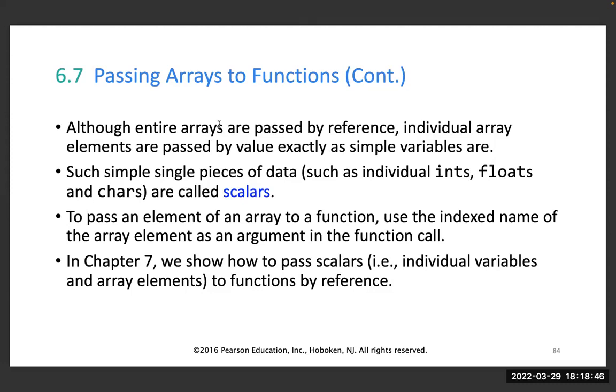So last, I think the example shows how to pass the entire array to a function, with the array name, right? Then you can also just pass an individual array element. This one is used as normal values, normal variables.